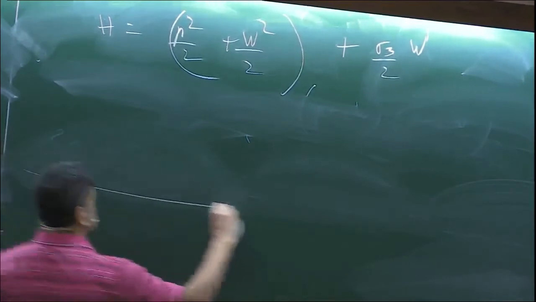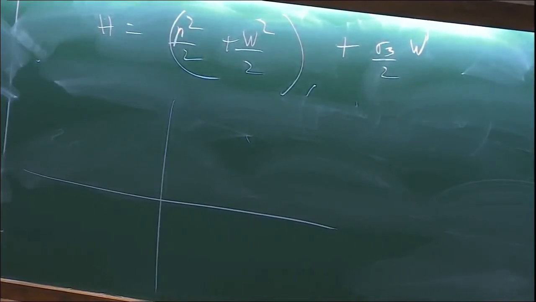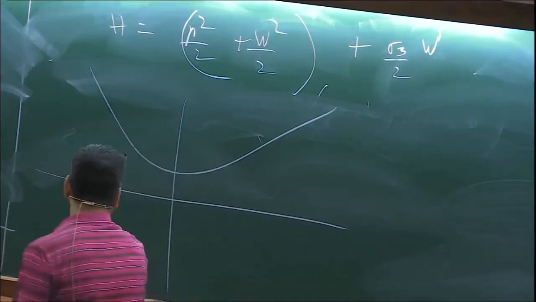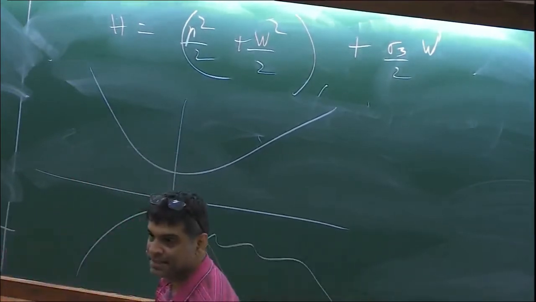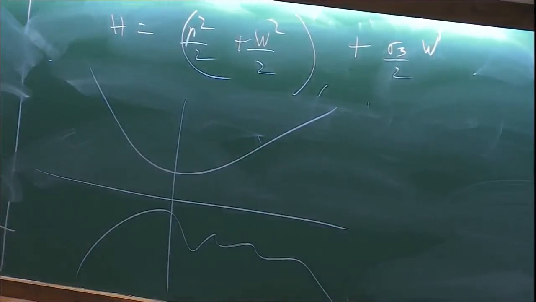Then let's draw a graph of something that never cuts 0 and goes to either plus infinity or minus infinity at both ends. It could do this, or it could do this. In either case, we're in the situation where we concluded quantum mechanically there were no A equals 0 ground states.